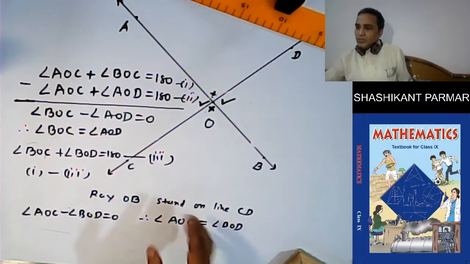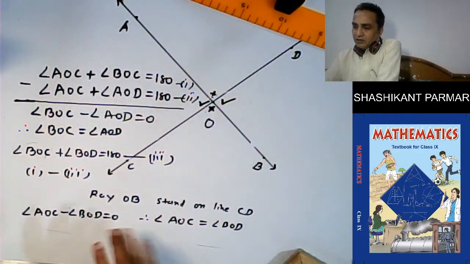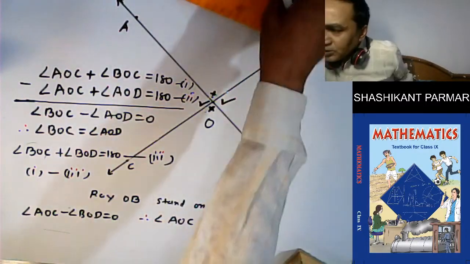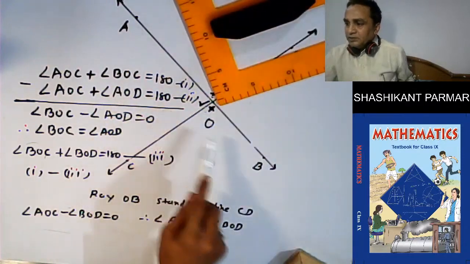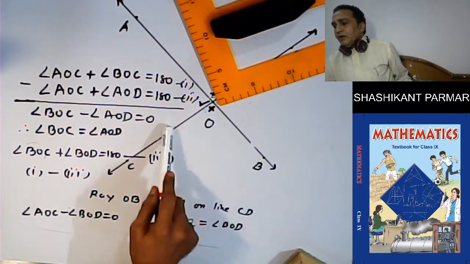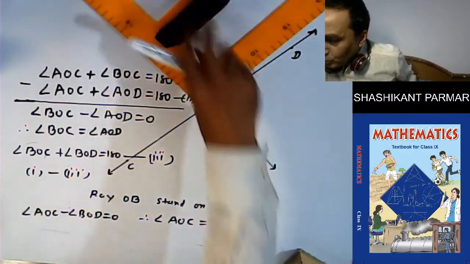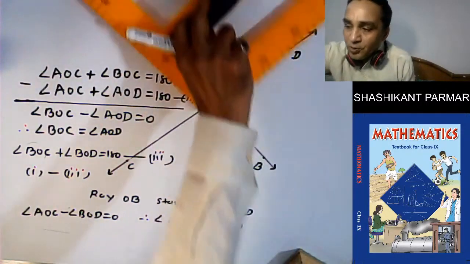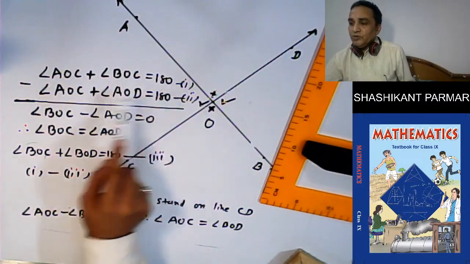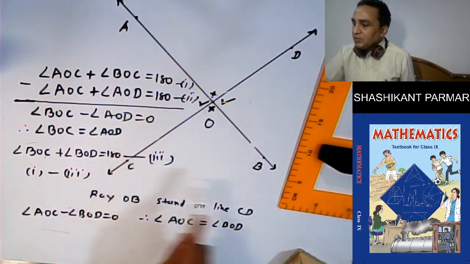Okay, what I explained here is very easy. First, take these two linear pairs of angles, and then these two, and then these two. So you can easily prove it, and there you will have three equations: AOC plus BOC is equal to 180, this angle plus this angle.